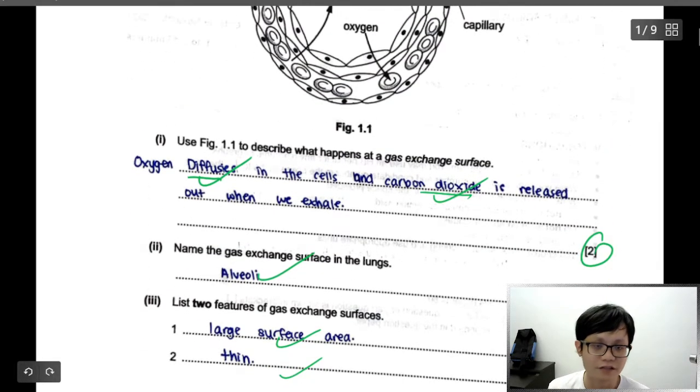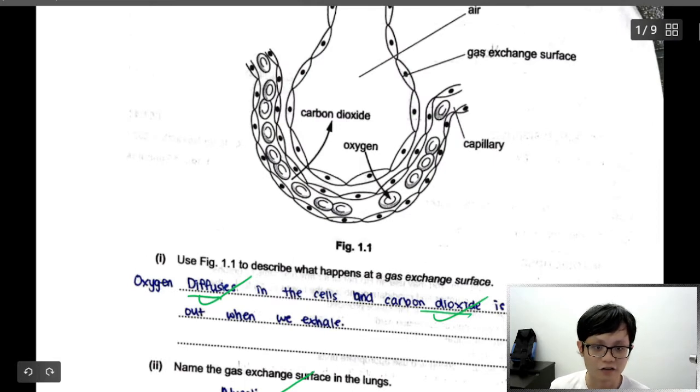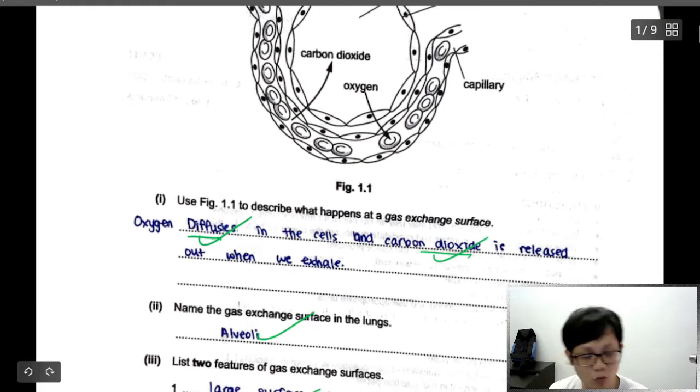Of course, the reason for this answer, like why it happened. Let's say the question asks why the oxygen diffused inside and carbon dioxide is being released. So it diffuses from a higher concentration to lower concentration.